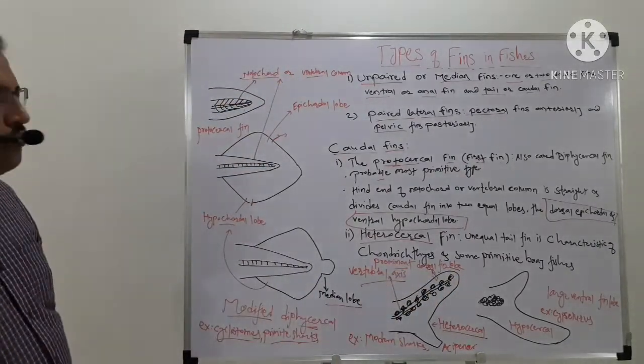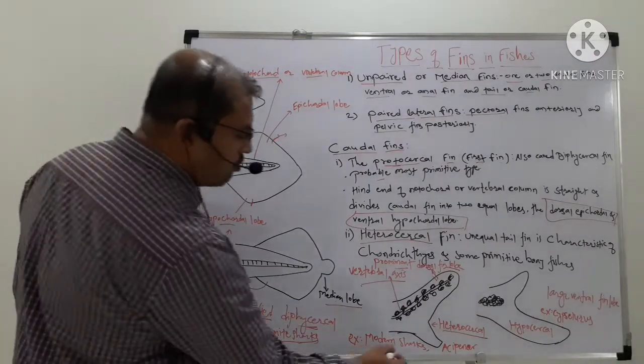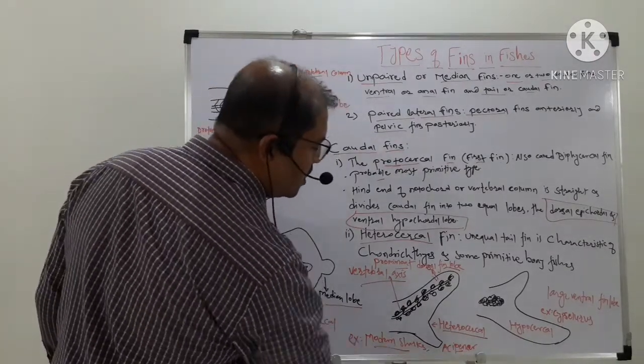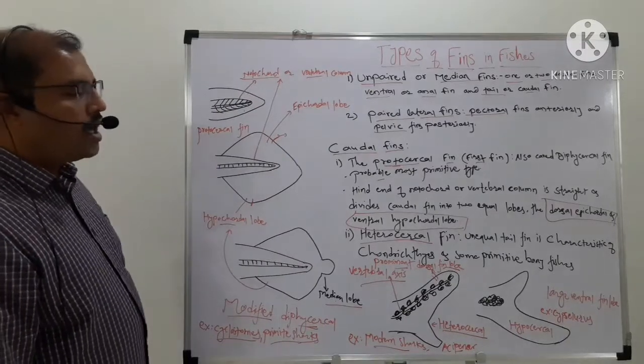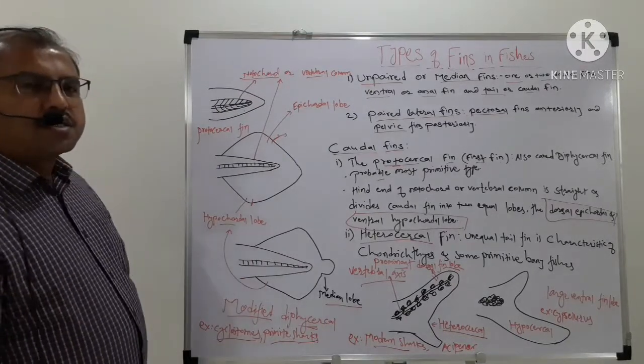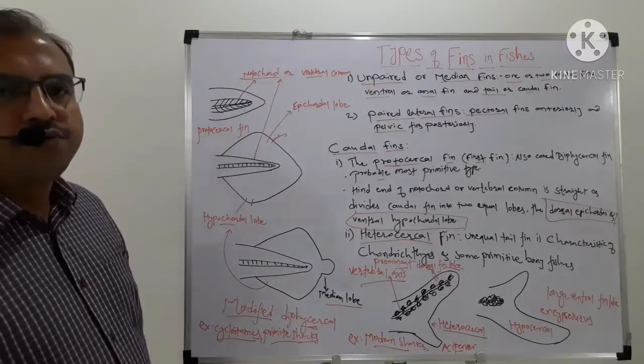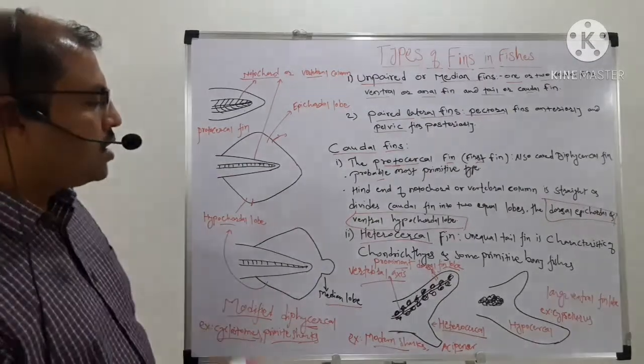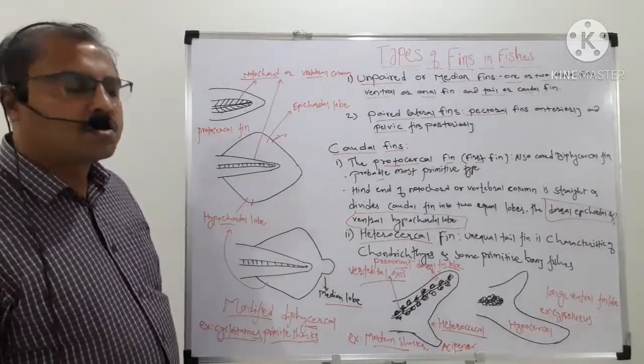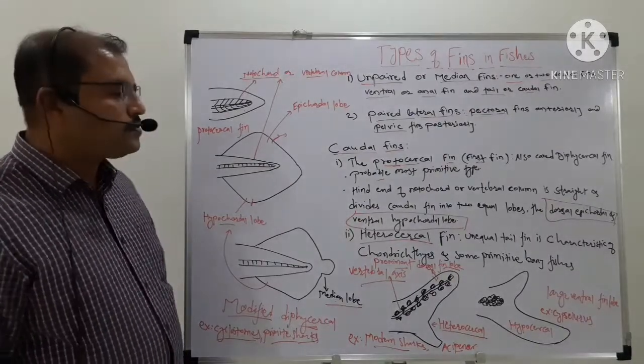This type of fin is present in modern sharks, Acipenser-like structures, and bottom dweller fishes, basically in Chondrichthyes fishes or sharks.